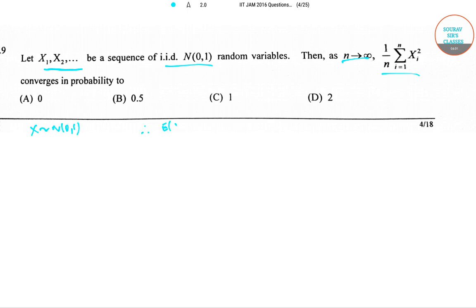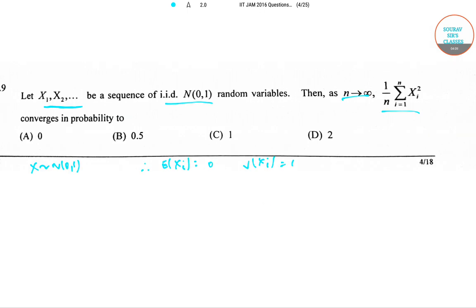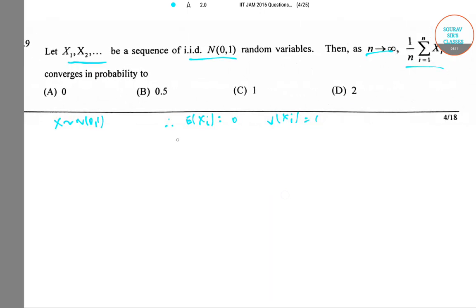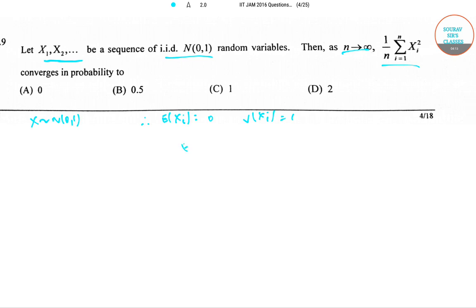Therefore, expectation Xi is equal to 0 and variance Xi is equal to 1. We can calculate the expectation of Xi squared from here, which is variance Xi plus expectation Xi whole squared. So this is 1 plus 0 squared, which is 1.